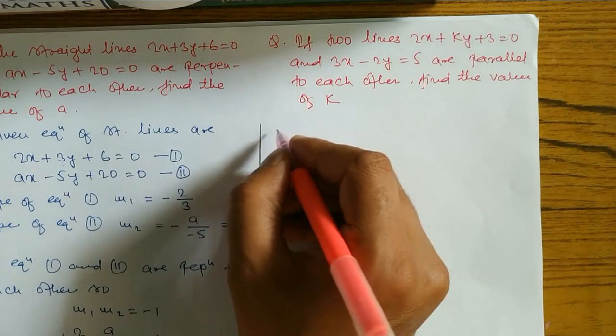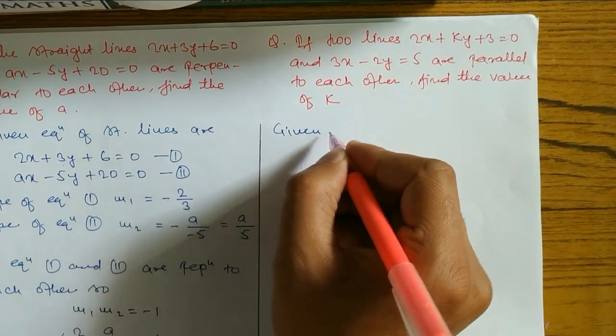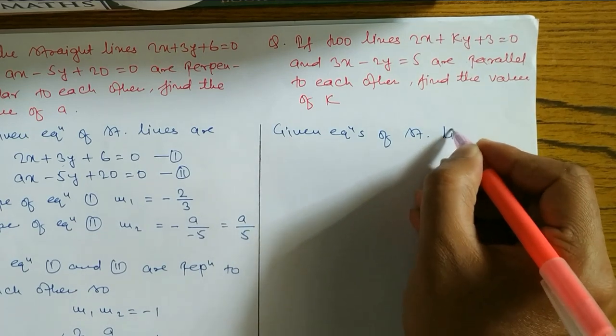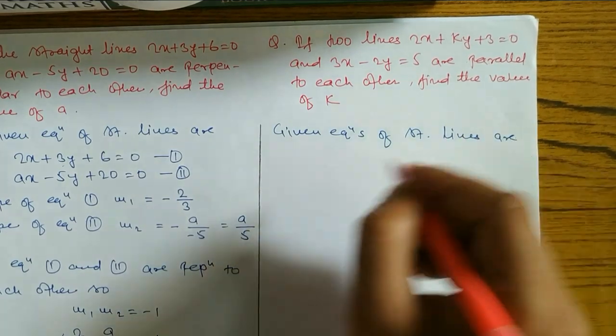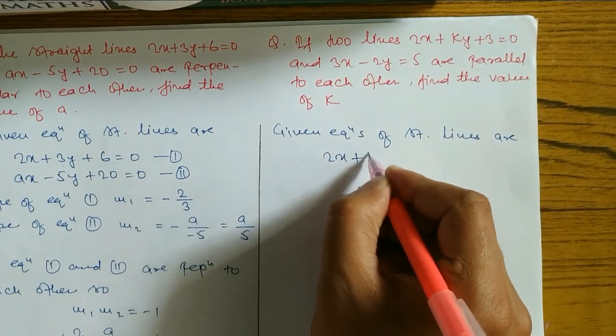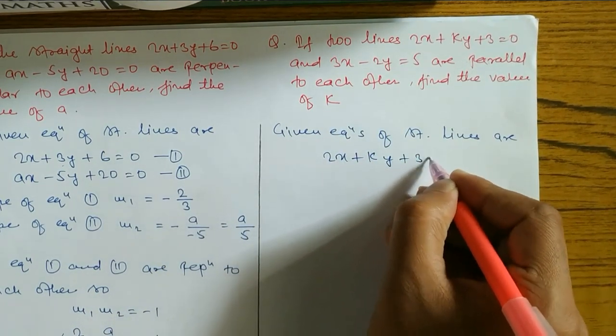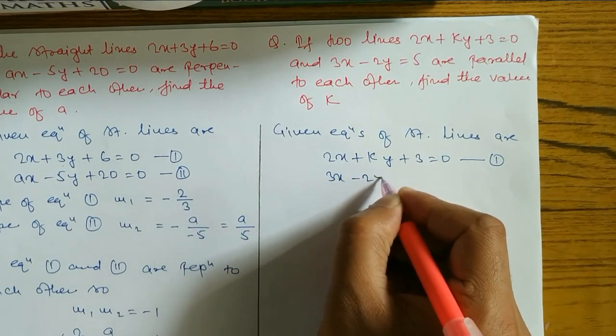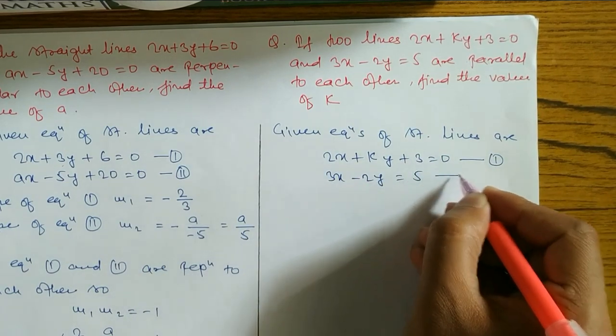Okay. Given equations of straight lines are 2x plus ky plus 3 is equal to 0, equation 1, and 3x minus 2y is equal to 5, equation 2.